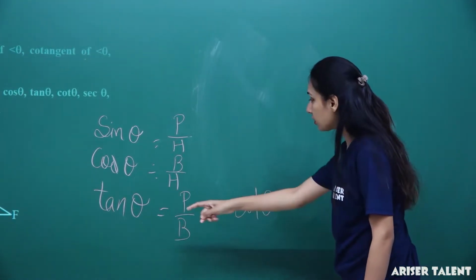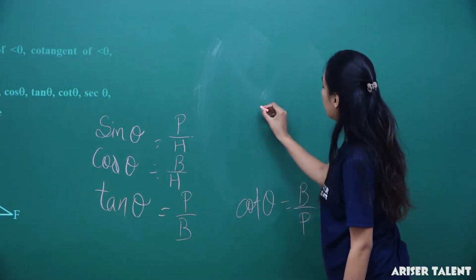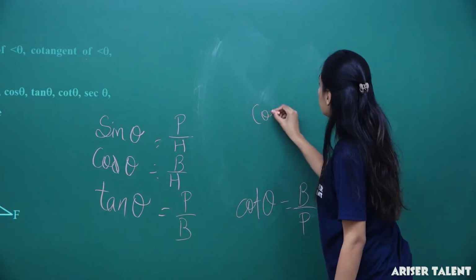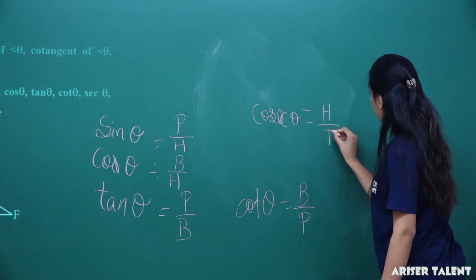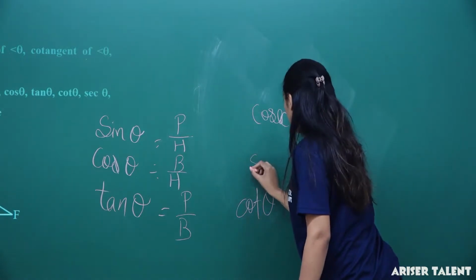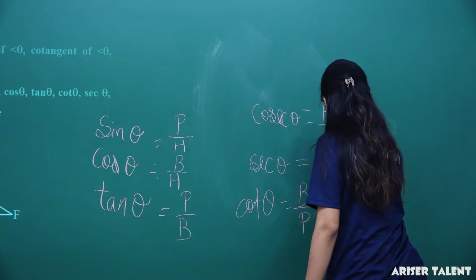Cot theta is the inverse of tan theta, that will be B by P. Similarly cosec theta, the inverse of sin theta, will be H by P, and sec theta will be H by B.